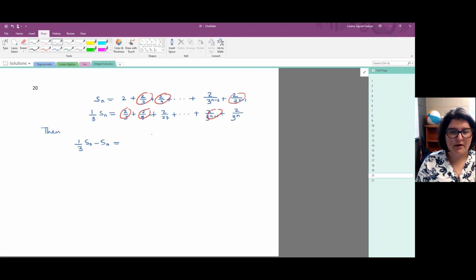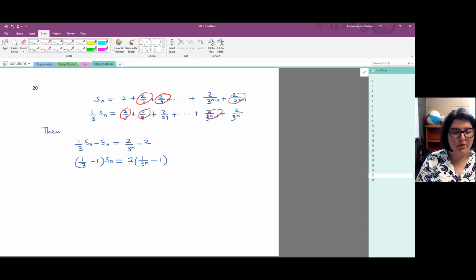So we get a lot of cancellations. We're left with 2 over 3 to the n minus 2. So 1/3 minus 1 times Sn is equal to 2 times 1 over 3 to the n minus 1.